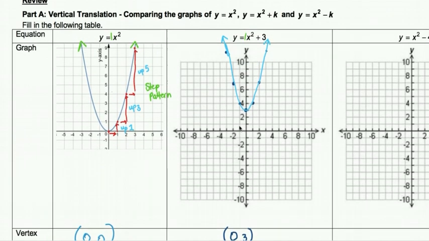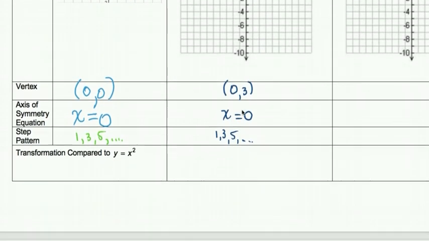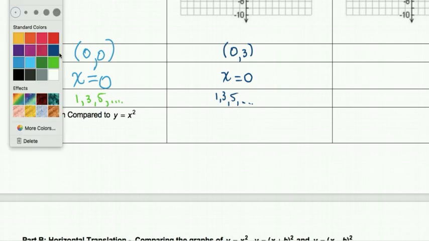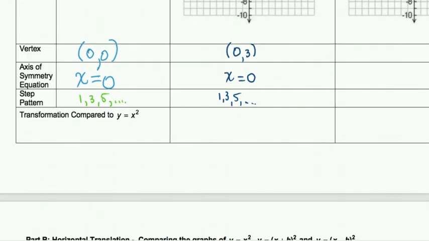We know that the only thing that changed here was this plus 3, so it was a vertical translation up by 3. That's a fancy way to say it. I will accept up 3.